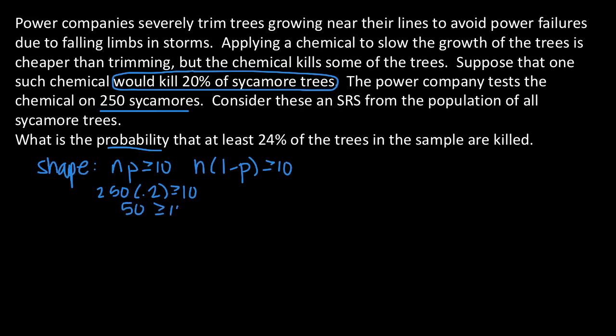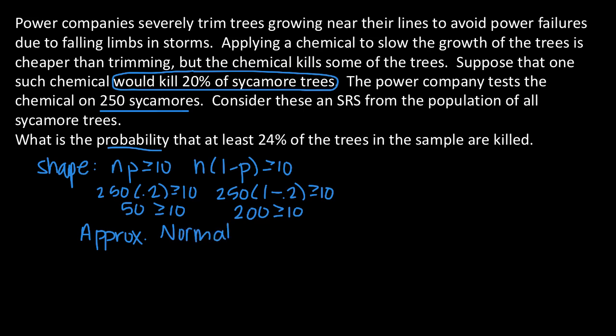That's 50, which is at least 10, and then n times 1 minus p would be 250 times 1 minus 0.2, which is 200, and that's also at least 10, so our shape is approximately normal. Again, this condition is called the large counts condition.